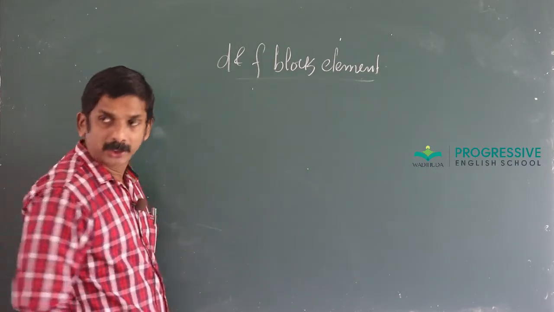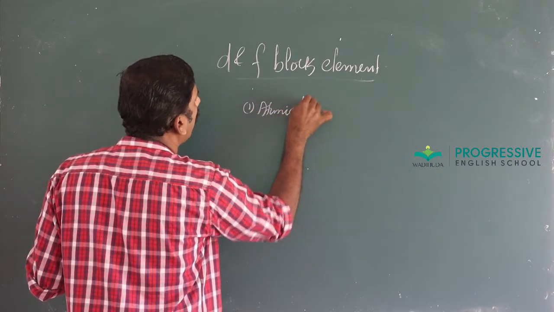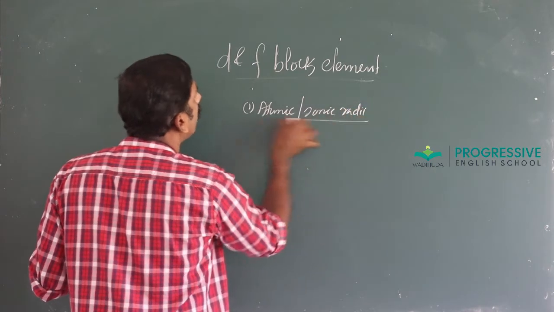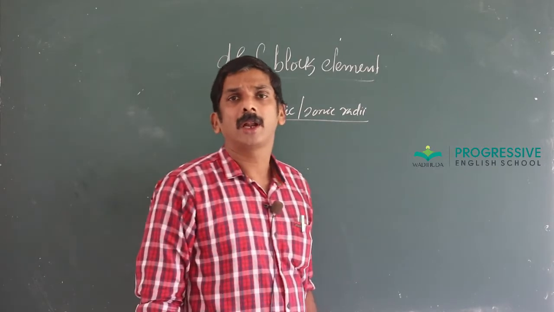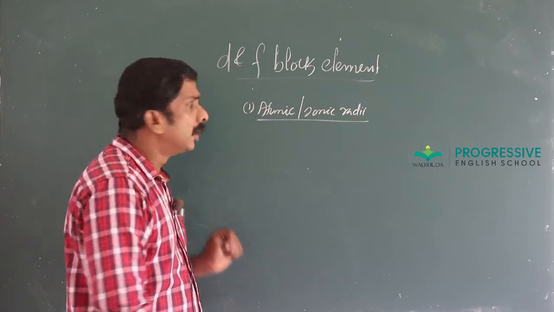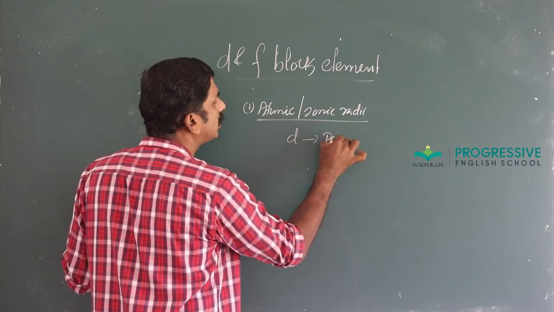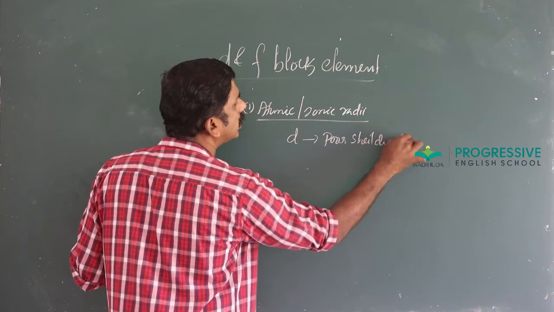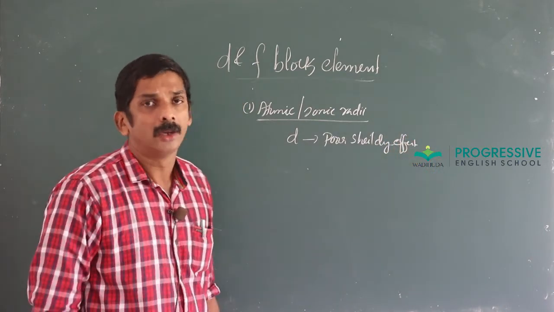First one is atomic and ionic radii. In transition metals, as we move from left to right, the d orbital has a poor shielding effect, so the outermost electron is strongly attracted by the nucleus.